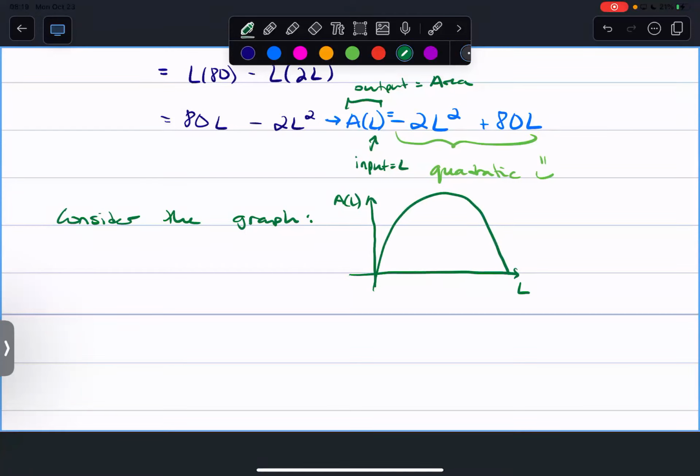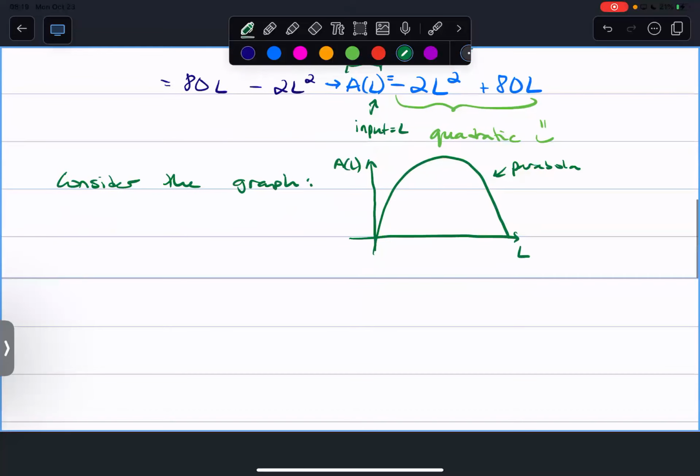So here we've got a parabola flipped on the x-axis. I bumped it up because I want to have a positive area. And so I'm pretty sure that it's going to be bumped up like this.